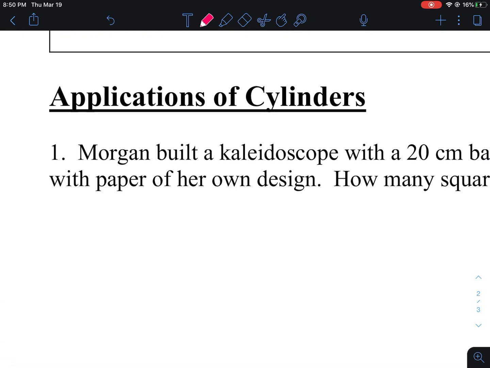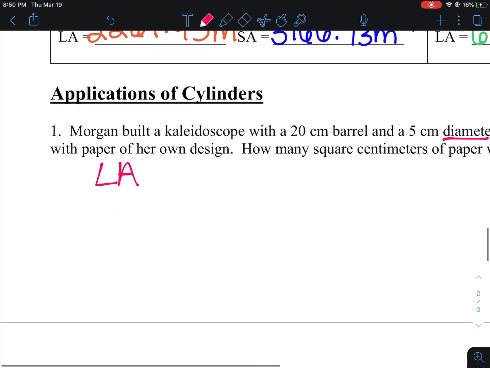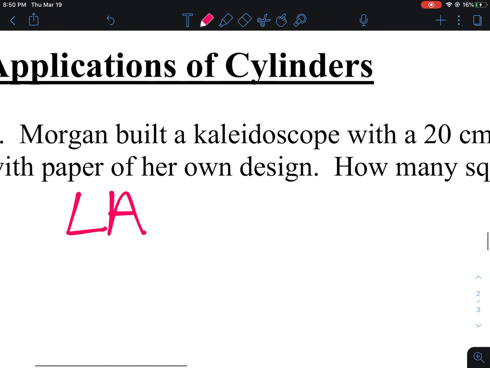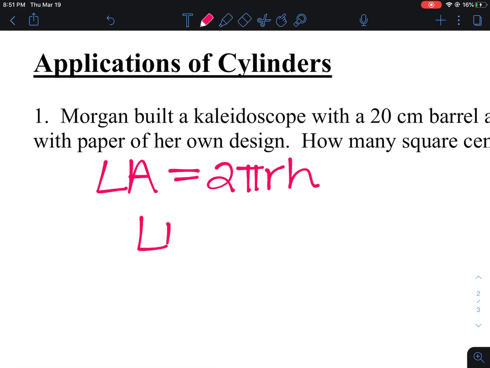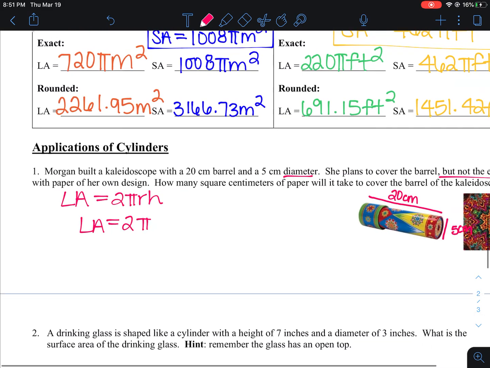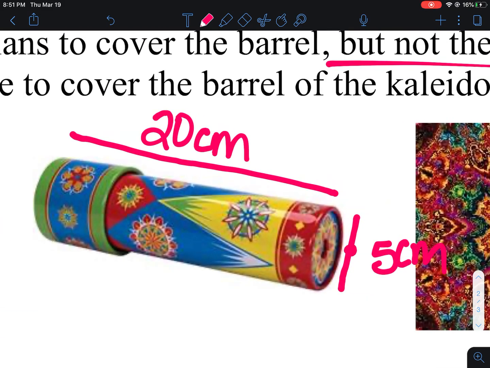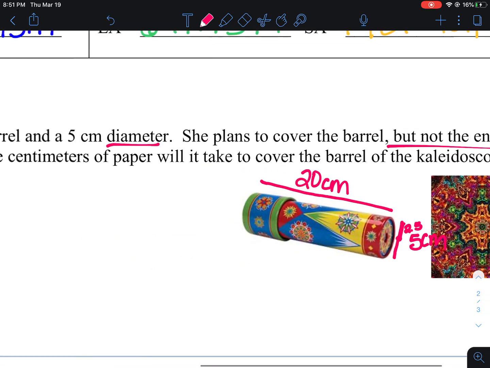So not the ends, right? So what are we looking for? Just the lateral area. We want the lateral area because we don't want the ends. We just want the sides. So remember, that's 2 pi r h. The diameter is 5, so half of that, from the center to the edge, would be 2.5, right?